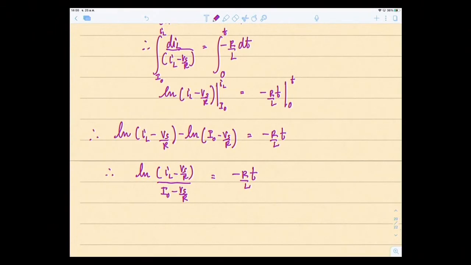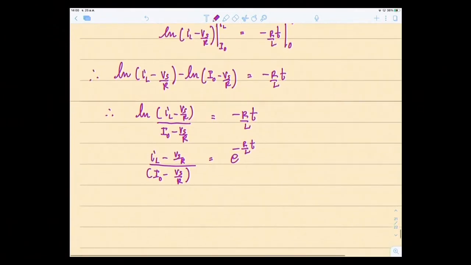Right, take the exponential across the equation, so you have IL minus Vs over R over I naught minus Vs over R equal to e to the minus R over L t. Okay, so therefore IL minus Vs over R equals I naught minus Vs over R times e to the minus R over L t.